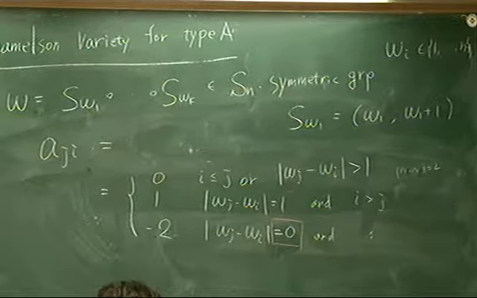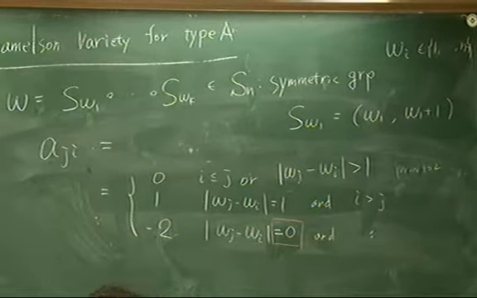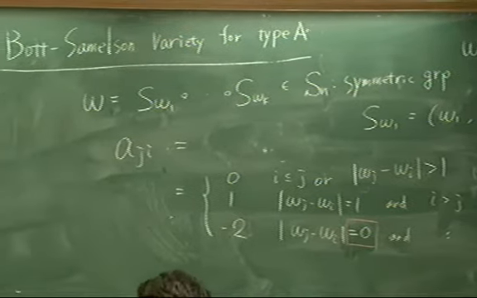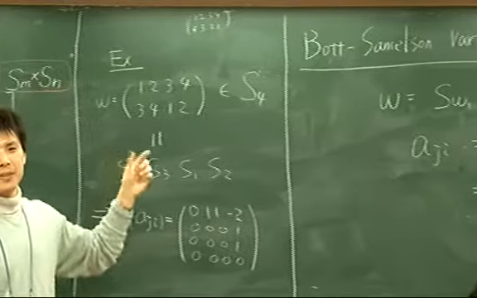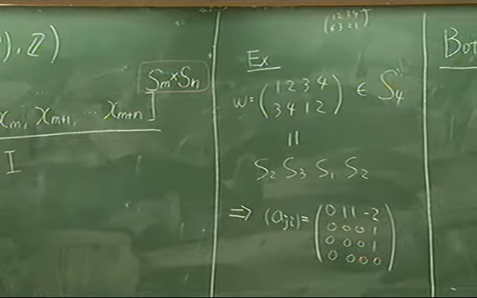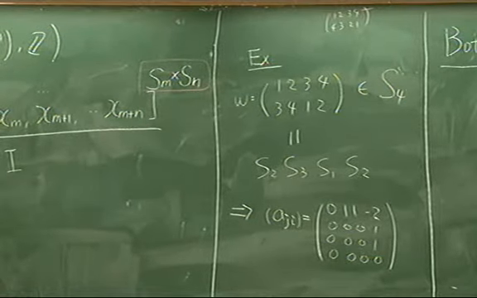You mean K must be less than N? K must be this. No, n factorial. Yes, the longest element. So 1, 2, 3, 4, 4, 3, 2, 1 has 4 factorial disorder. So we need 4 factorial simple transpositions. Not 4 factorial.